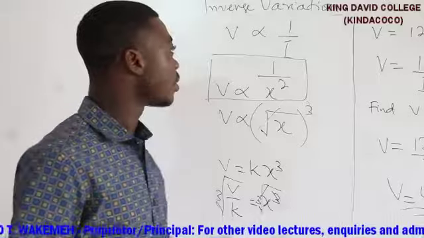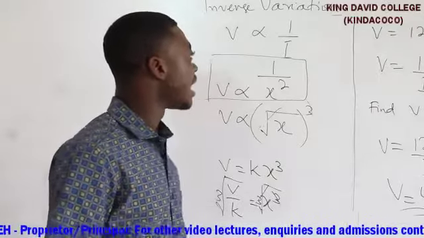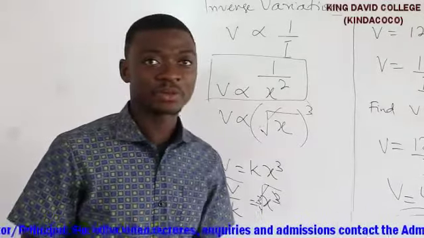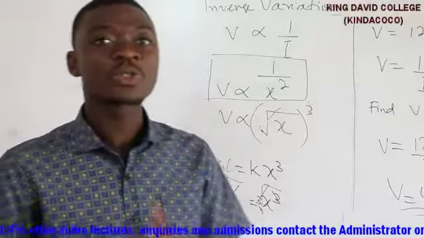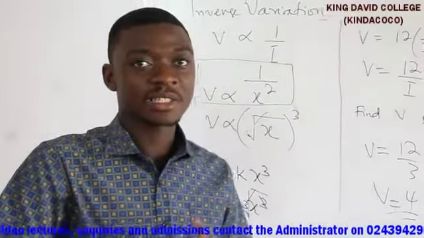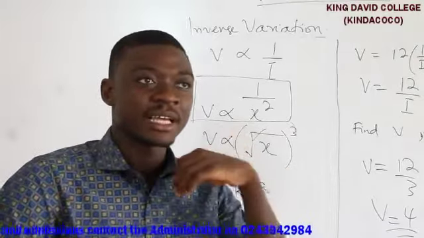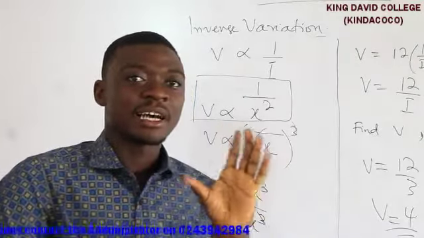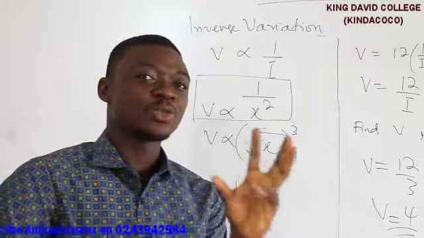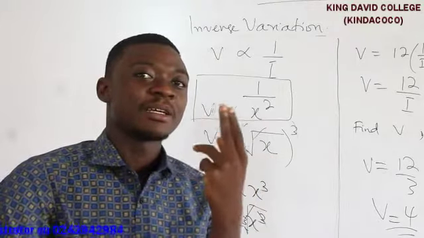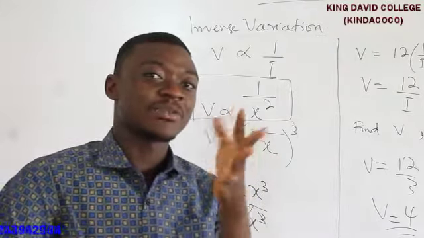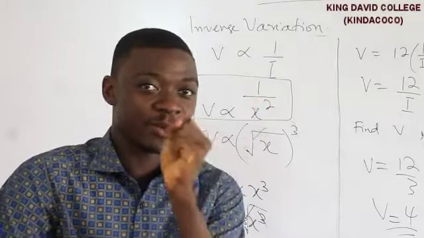Okay, so before I conclude this video, I want to introduce you to the very last aspect of this. That is what we call a hybrid. A hybrid means you are joining two different items that have different characteristics, but you want to make them one.